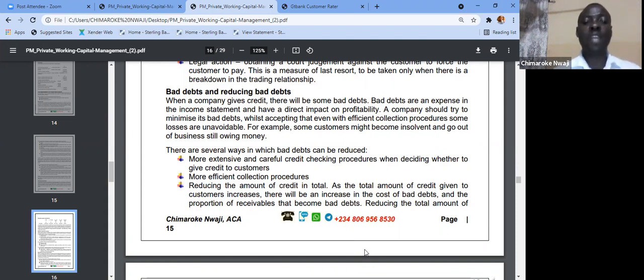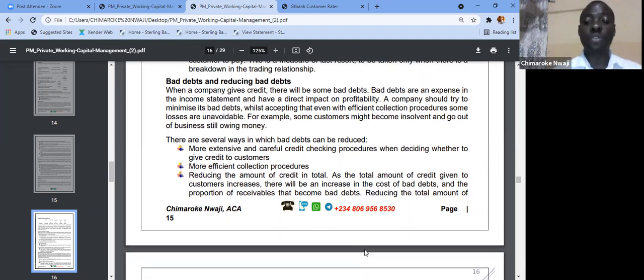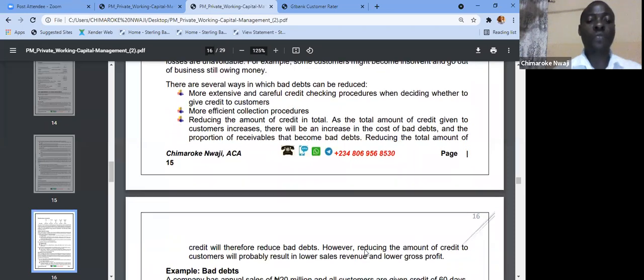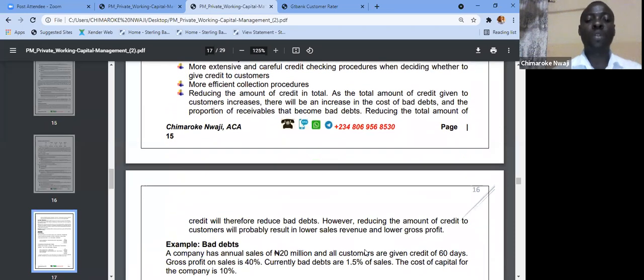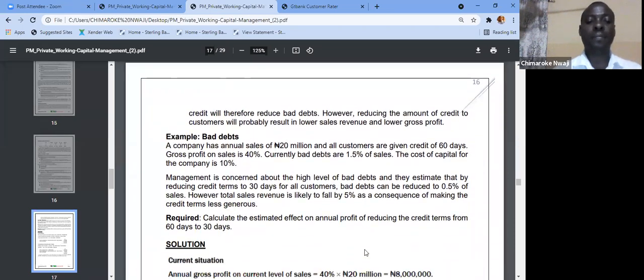You also have to get more efficient collection procedures, and also reduce the amount of credit in total. As the total amount of credit given to customers increases, it will result in an increase in the cost of bad debt. So you should reduce the total amount of credit that will lead to bad debts.